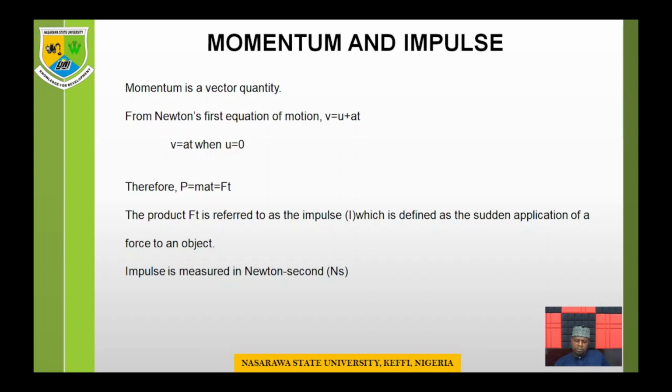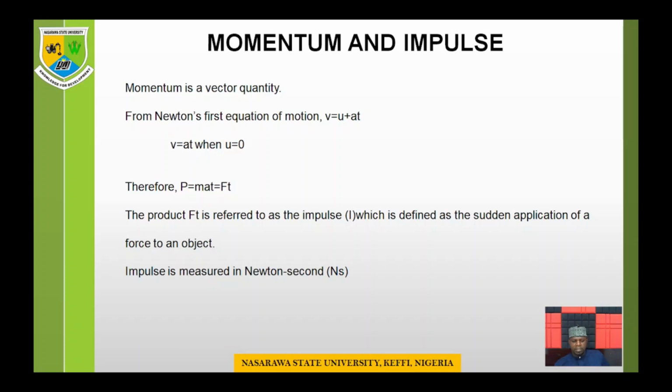U equal to 0 simply means that the initial velocity is 0, and so if we substitute 0 for u in v equal to u plus at, we are going to have v equal to at.